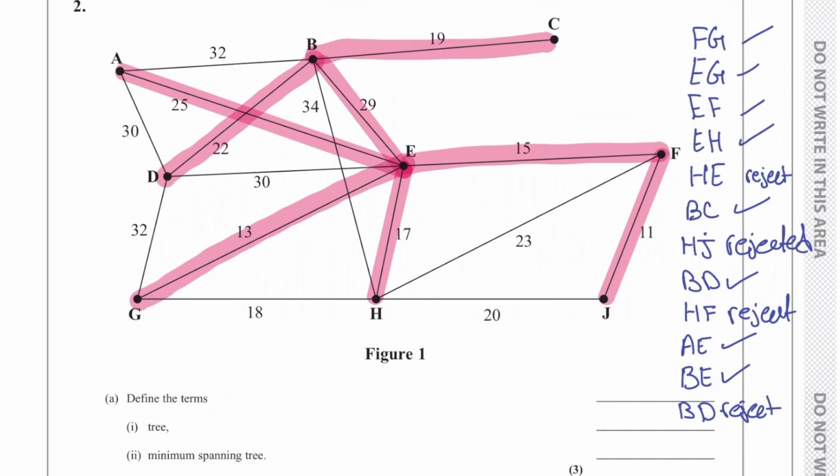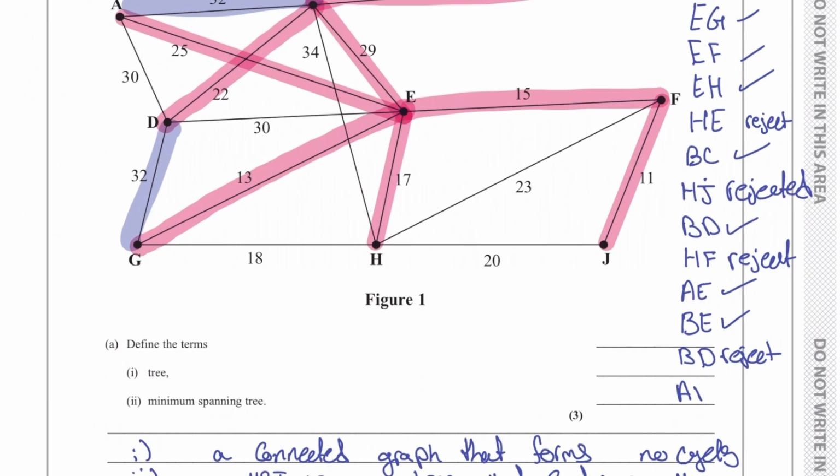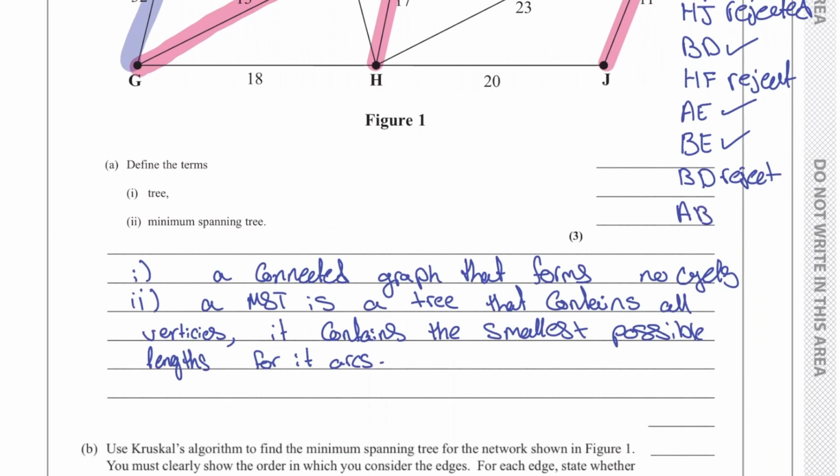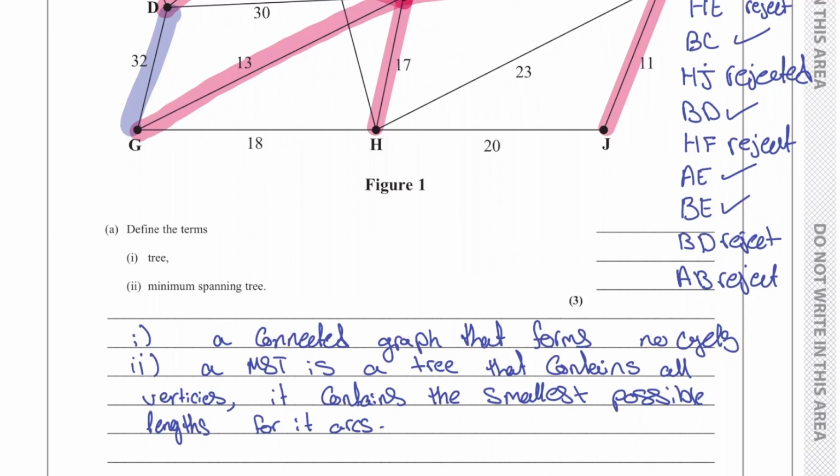Then what's greater than 30? I think what's left now is 32 up there. And both of these 32s are going to be rejected. So AB, was it AB? Yeah, it was AB. Reject. And AD, and we already rejected AD, right? I didn't? Oh, that's crazy.